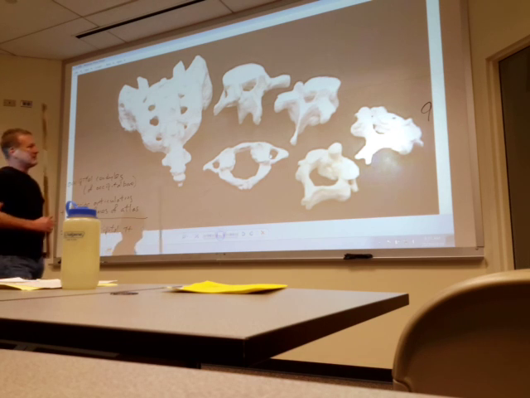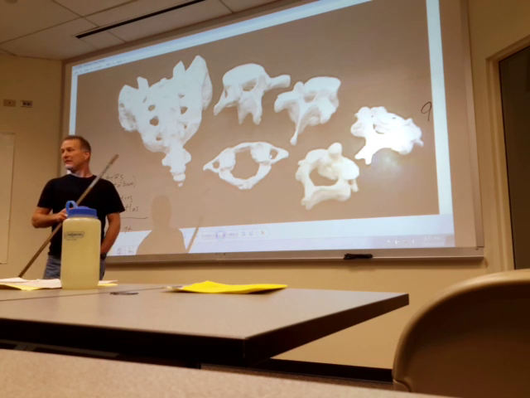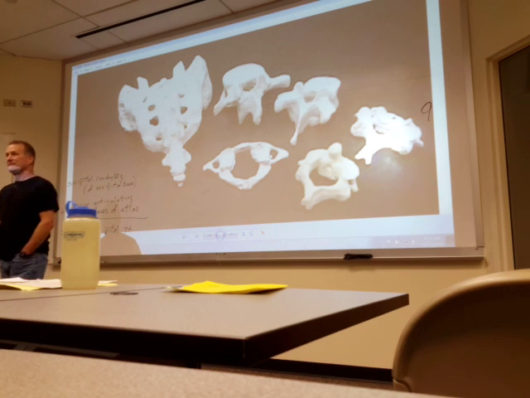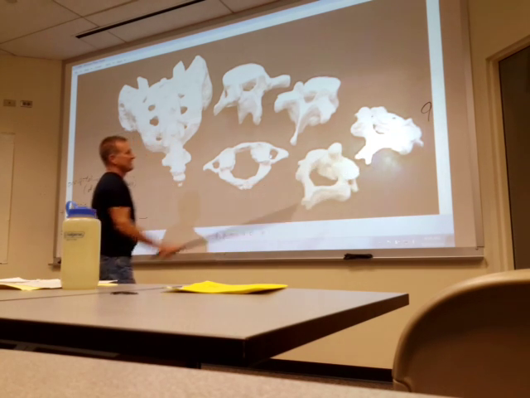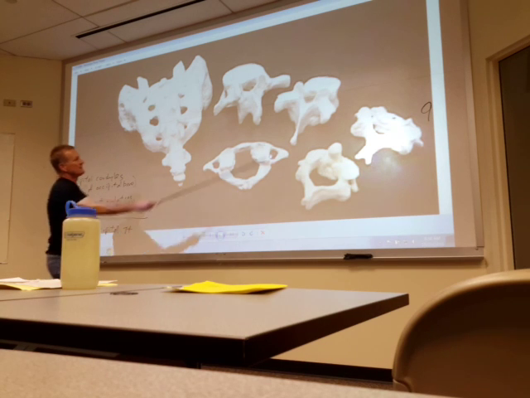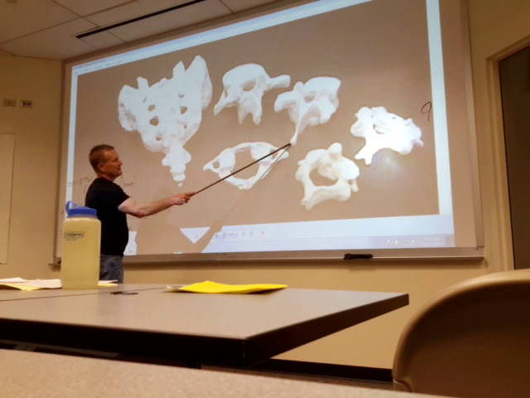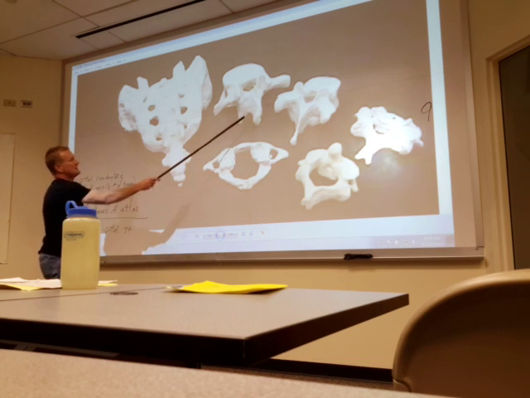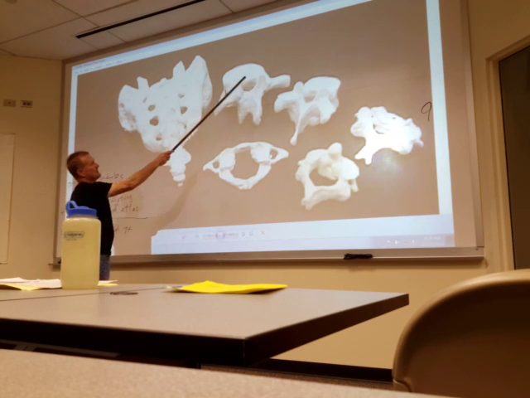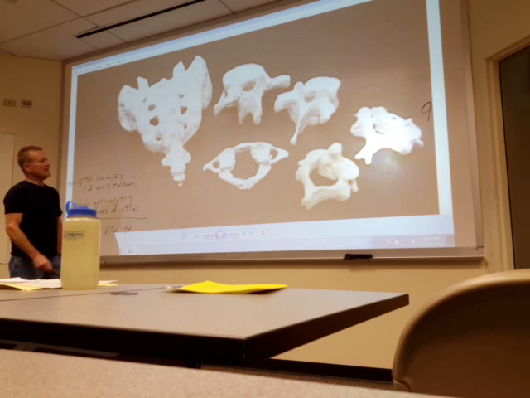What else do most cervical vertebrae have? Well, they have what's called a bifurcated spinous process. This is a typical thoracic. It has a long, skinny spinous process, and this is a typical lumbar. It's got sort of a square spinous process and a very large body.